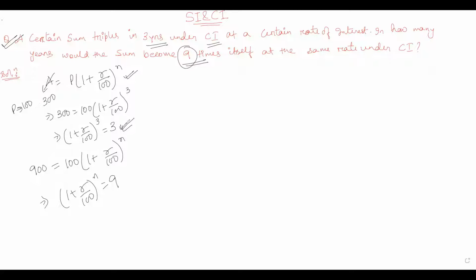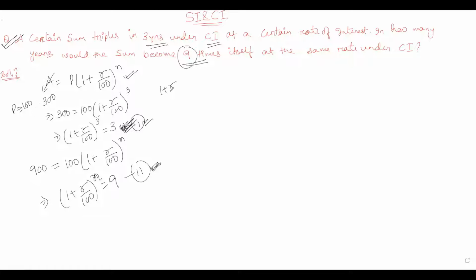Now if you compare these two equations, we can say that (1 plus R by 100) to the power 3 is 3, and (1 plus R by 100) to the power n, that is some period, is 9. If I compare equation number 1 and equation number 2, I can see that if I square equation number 1, I'll get 9 on the right hand side.